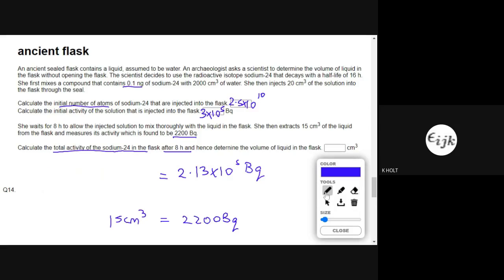So we can work out the volume of the whole flask by scaling back up again. We do 15 divided by 2,200 times 2.13 times 10 to the 5, and that gives us 1,452 centimeters cubed.